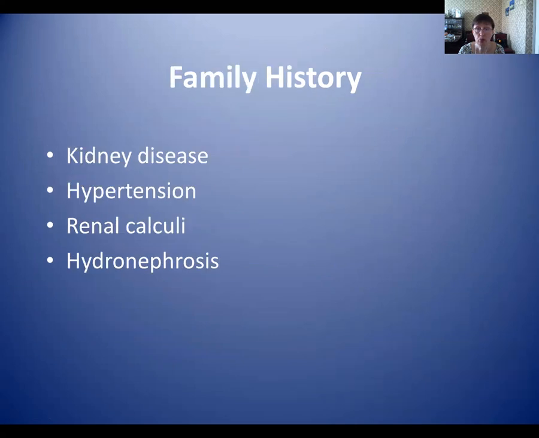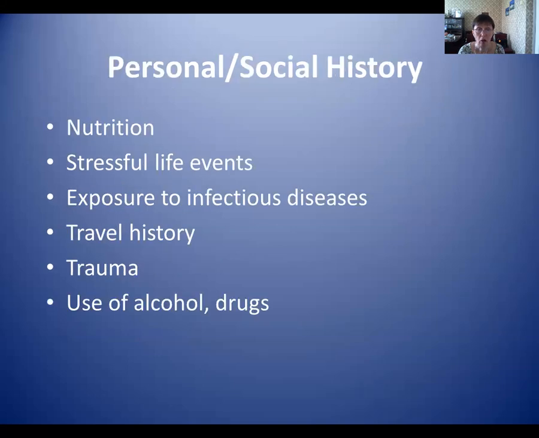We also should be interested in family history of our patient. We will ask about kidney diseases, hypertension, renal calculi, and hydronephrosis in the family. Also, some information from personal and social history may be very important for our diagnosis.